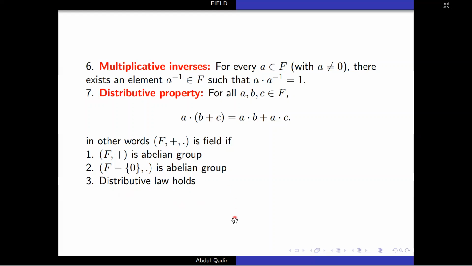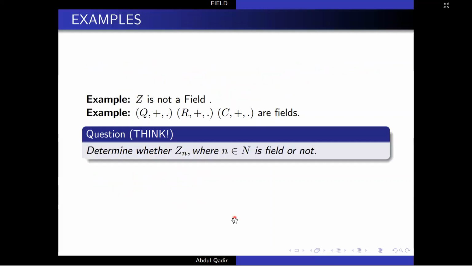So now we will see some examples of field. Example number one, Z is not a field. That is, the set of integers is not a field.